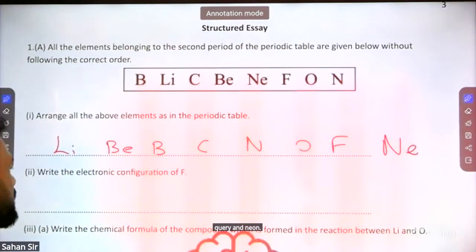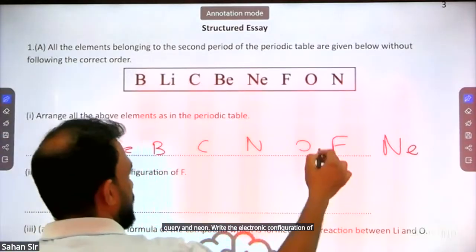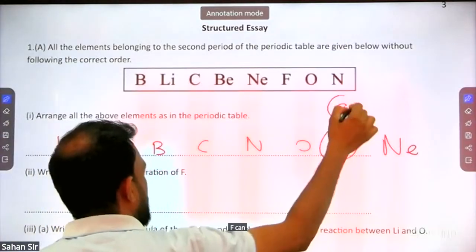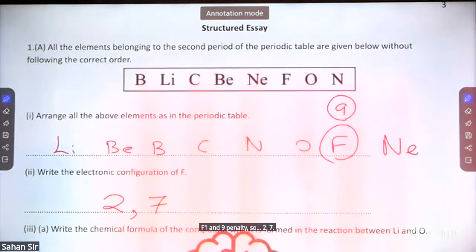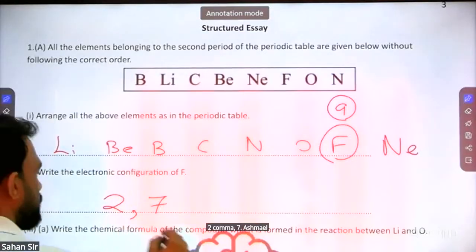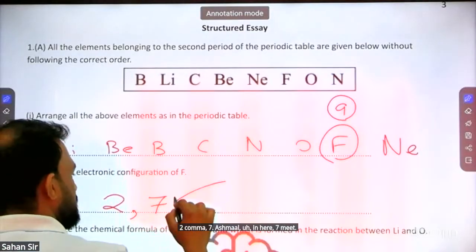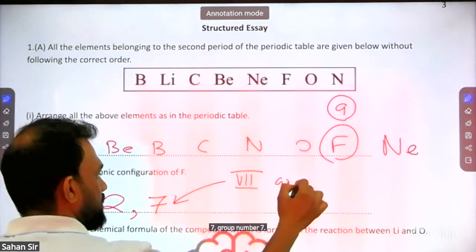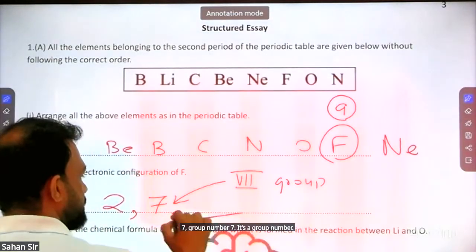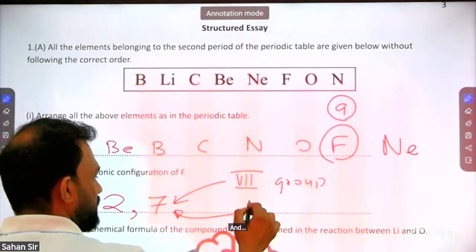Write the electronic configuration of F. F atomic number 9. So 2,7. 2,7 means 7 is the group number. It's a group number. And what is the valency value?